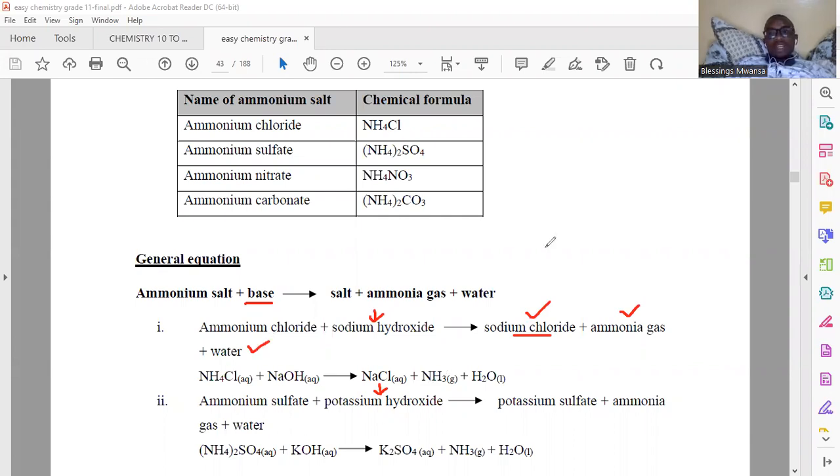So a base undergoes two chemical reactions. The first reaction is neutralization reaction. The second reaction is a reaction with ammonium salts that will produce a salt, water, and ammonia gas.